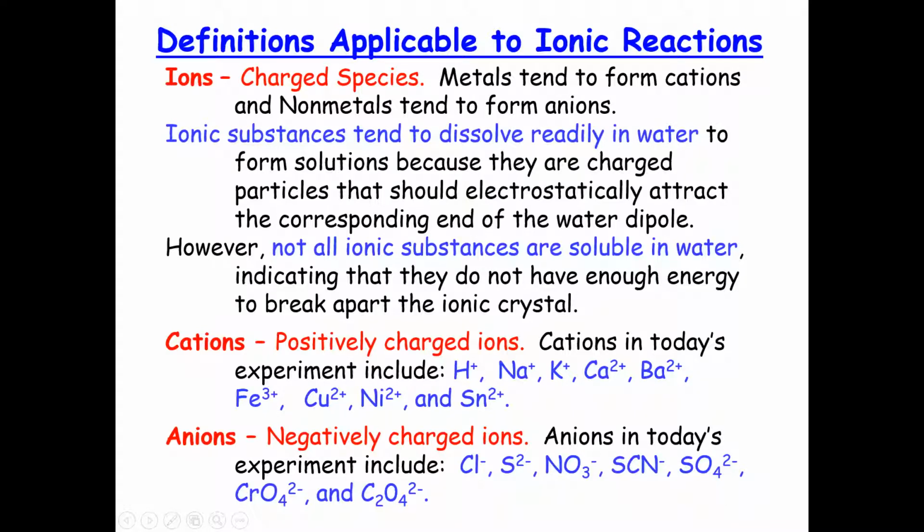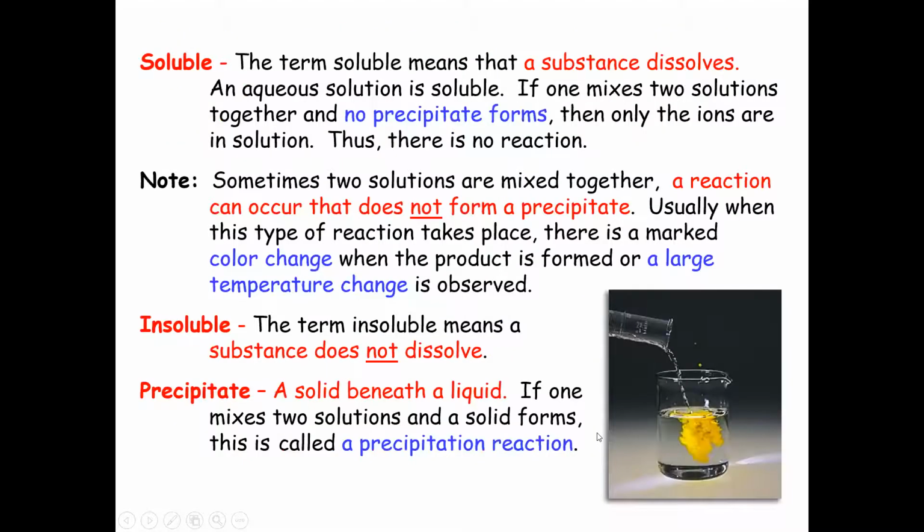I cannot name all of them now, so we will see later what the names of these anions are. Anions are negatively charged, and we are going to test some of them. So next slide.